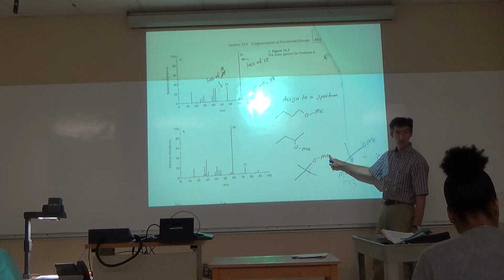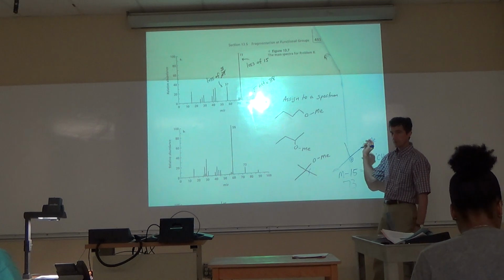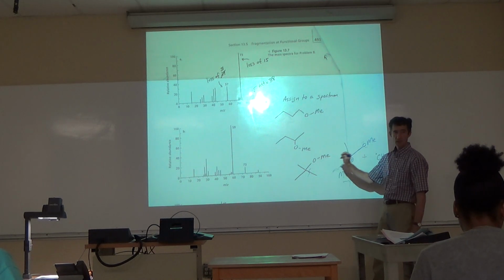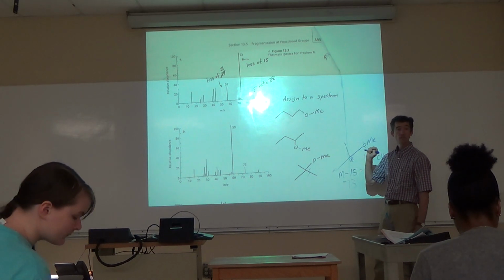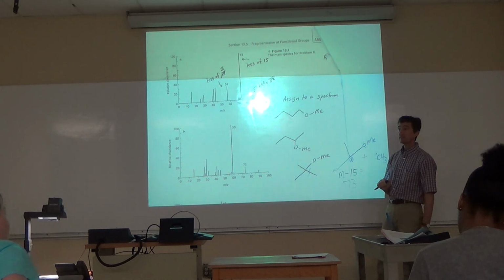If you cleave a methyl, you won't have a cation next to an oxygen. You will have nothing over there. What do you need to cleave to have a cation next to oxygen? H. And that would be loss of 1. Okay? Now, that is possible.